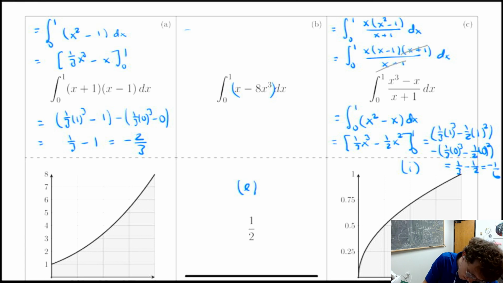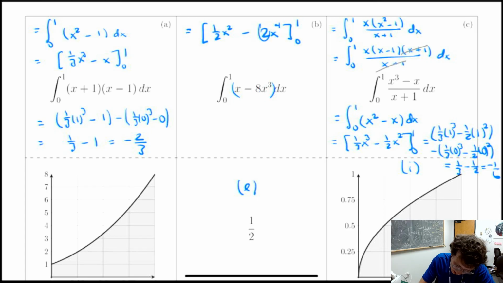Okay. One half x squared minus 2x to the 4th is my antiderivative. And it's always the same strategy. I know that the x cubed is going to get bumped up to an x to the 4th, and I'm just thinking, what do I need to put out in front so that when I multiply with this 4, I get an 8.